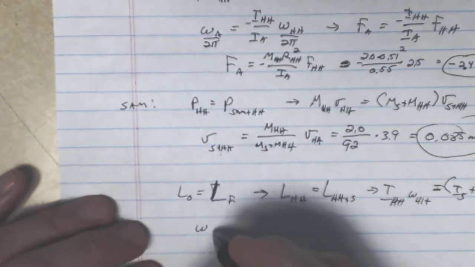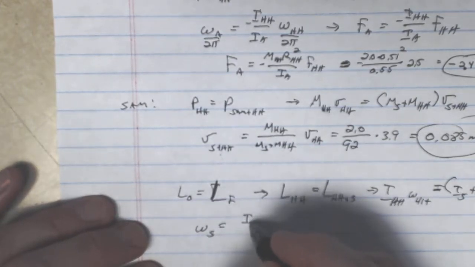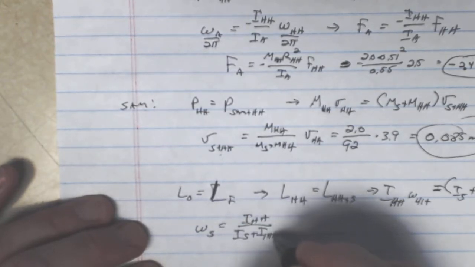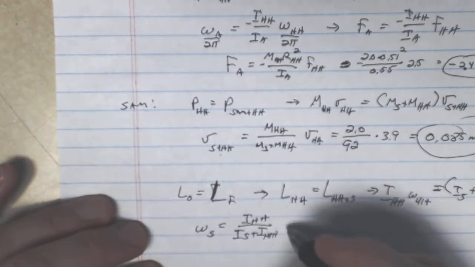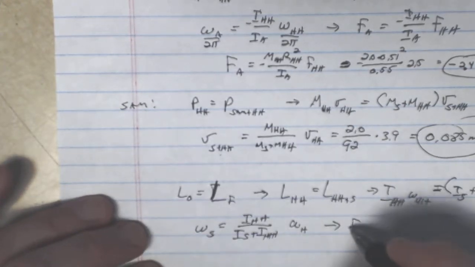So solving for omega Sam, just rearrange this equation. It's I hula hoop divided by I Sam plus I hula hoop, times omega hula hoop. I convert that to frequencies again just by dividing both sides by 2 pi.